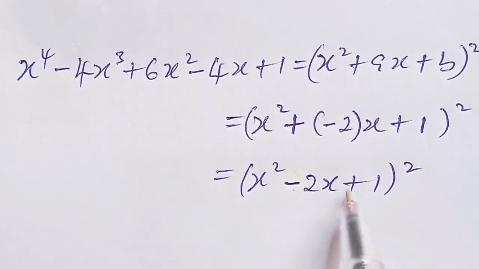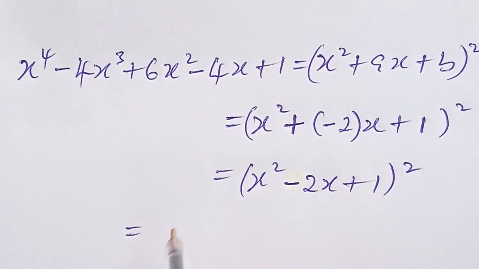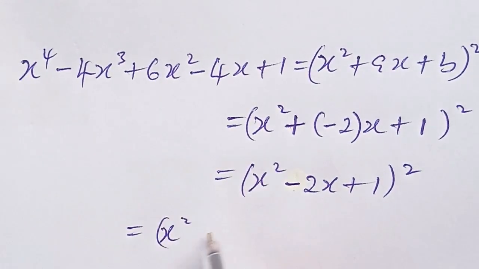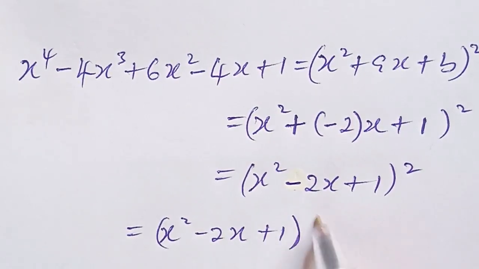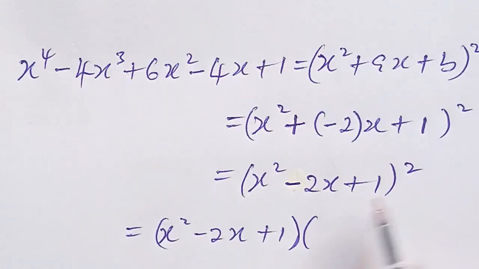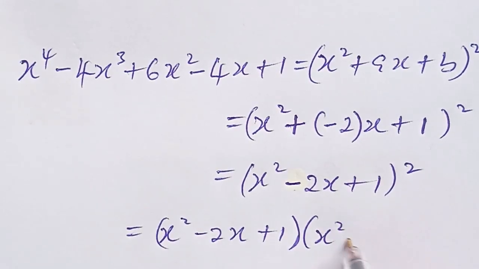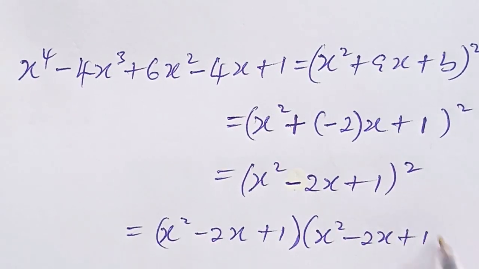This can now give us x squared minus 2x plus 1 multiplied by, it is twice, so we have x squared minus 2x plus 1.